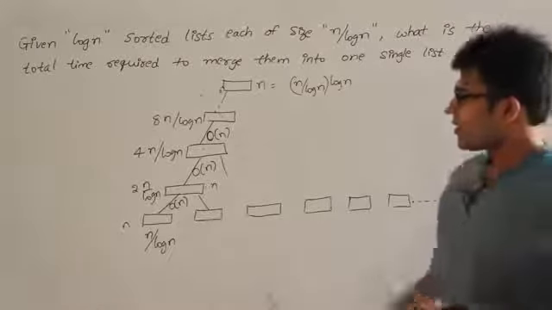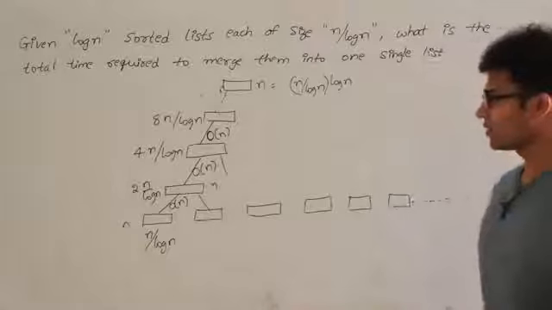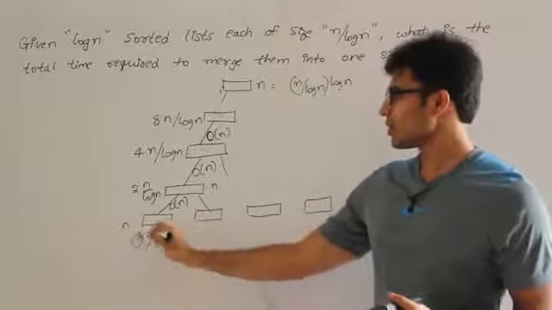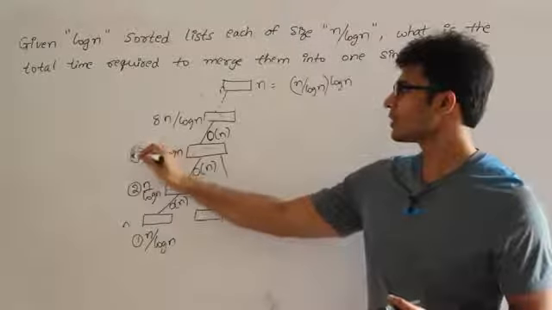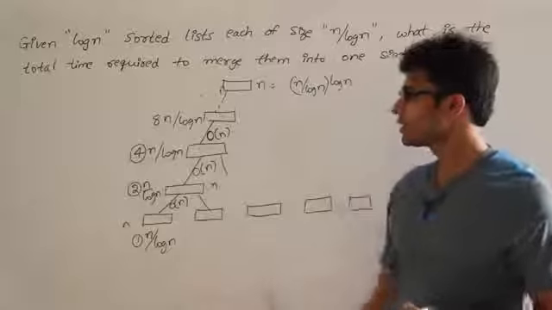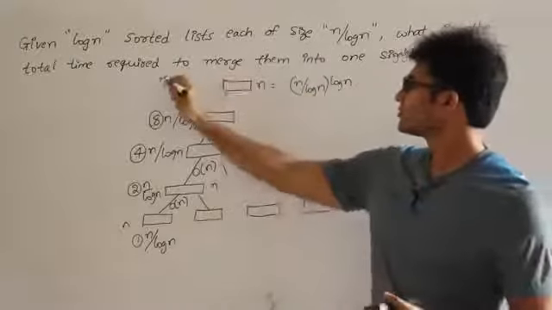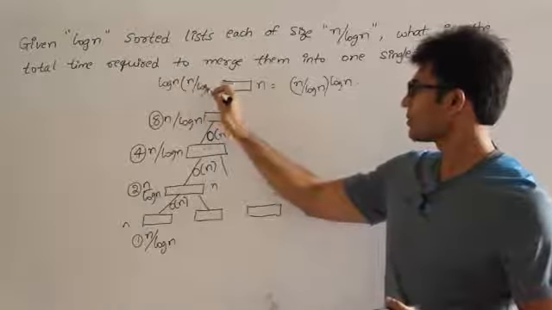Then how many such climbings should I do? That is the point. Initially it is 1 into n by log n, then 2 into n by log n, then 3 into n by log n, 4 into n by log n, and finally log n into n by log n.